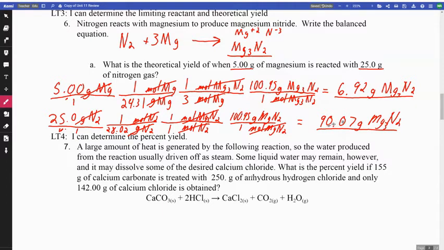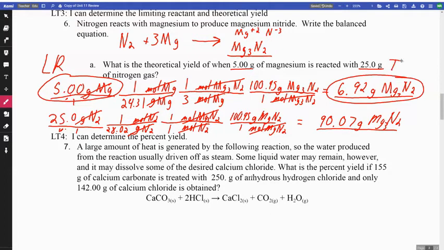We can't make the 90.07 because after we get to 6.92, the reaction stops. So that means 5.0 grams is our limiting reactant, and 6.92 grams of magnesium nitride is our theoretical yield.